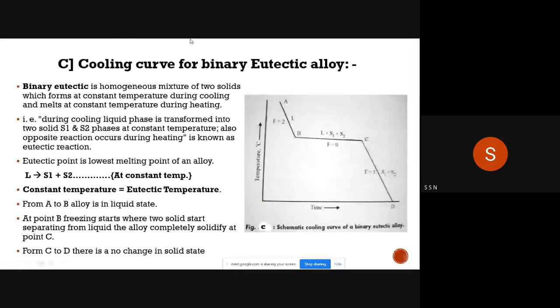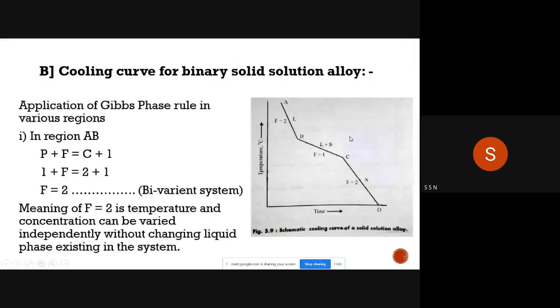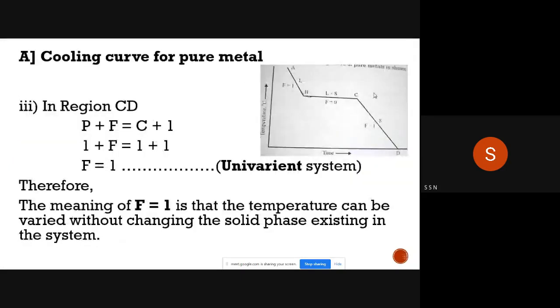If these words you have not understood, you can see in the diagram, from B to C point at a constant temperature, how many solids are there? Two solids are written here, that is S1 plus S2. In pure metals, again you can see in this diagram, for B to C point, at constant temperature, only one solid you have got, that is liquid plus solid phase is there.